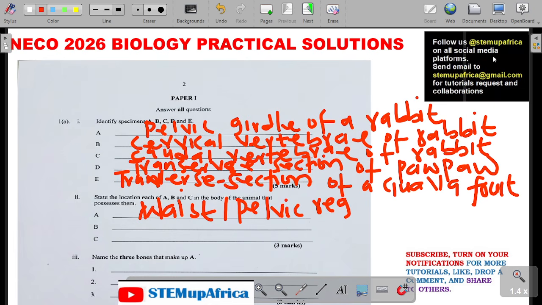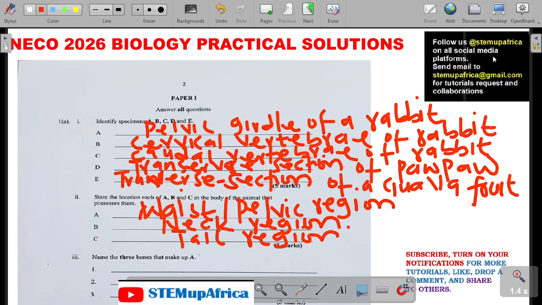Specimen B is found around the neck region. And specimen C is found around the tail region.